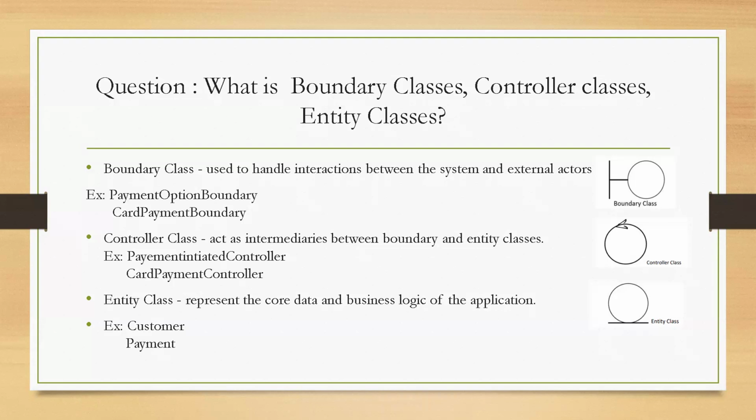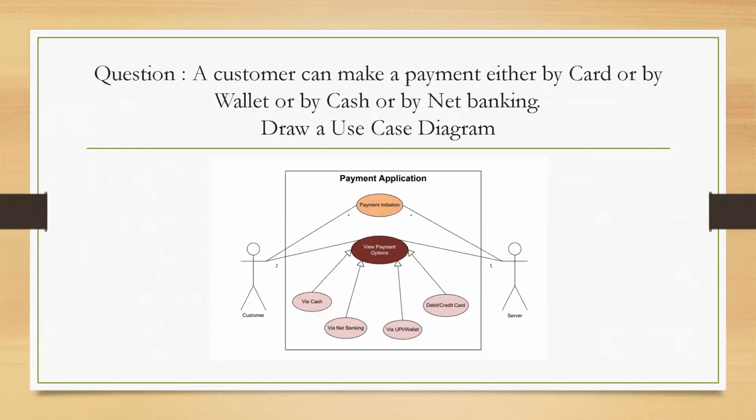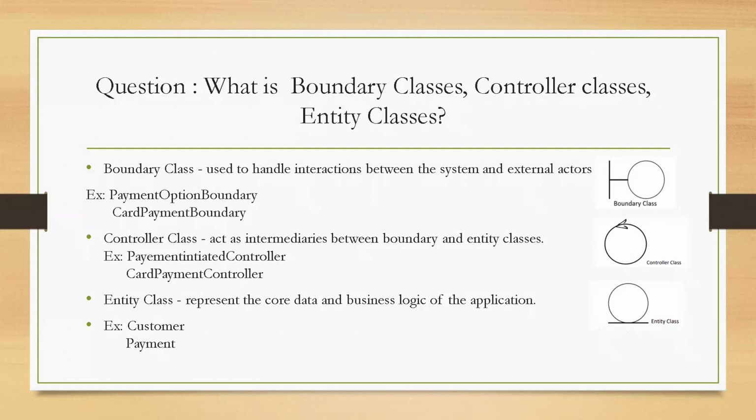Okay, so these are the three classes we have. I need to add that for this case study, where a customer can make a payment with different payment modes, you need to identify which classes come under which layers and add them in the document.